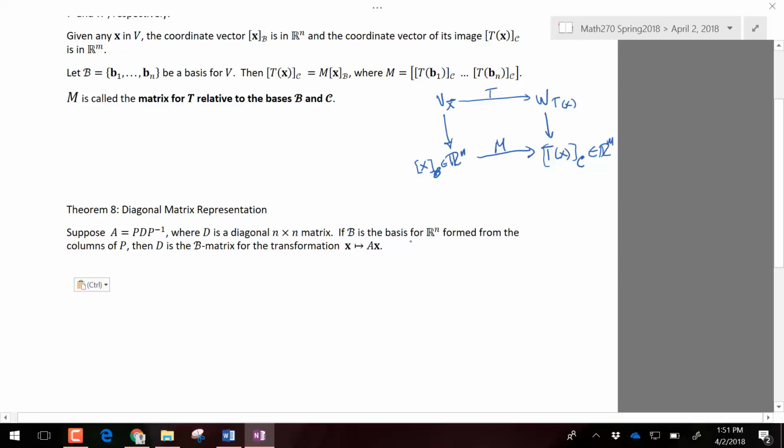And then if B is a basis formed from the columns of P, then D is the B-matrix for the transformation x going to Ax. All right, so let's see if this makes this picture a little bit clearer. You have the vector x here that you're going to send to the vector Ax.